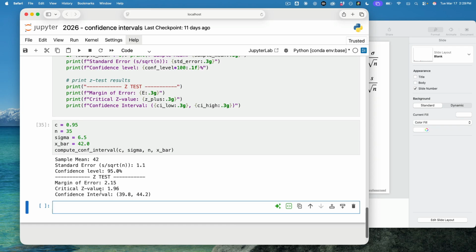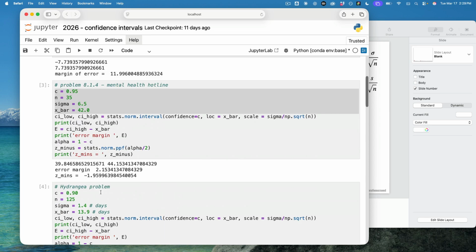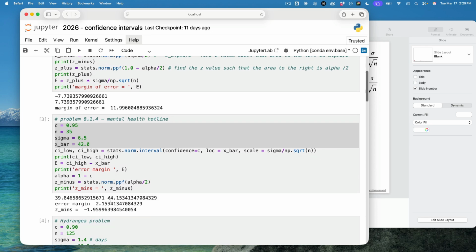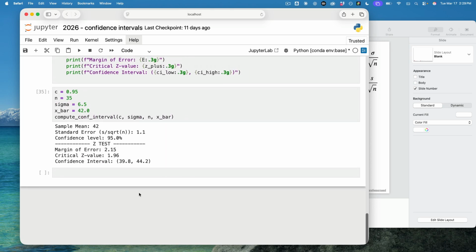It reported back: I'm computing with a sample mean of 42, my standard error was 1.1, so that's sigma over square root of n, and confidence level is 95%, and it gave me margin of error 2.15, great, critical z value 1.96, so perfect, and then 39.8 and 44.2, which I believe were the results we obtained way above here. Yep, 39.8 and 44.2, right? Pretty neat.